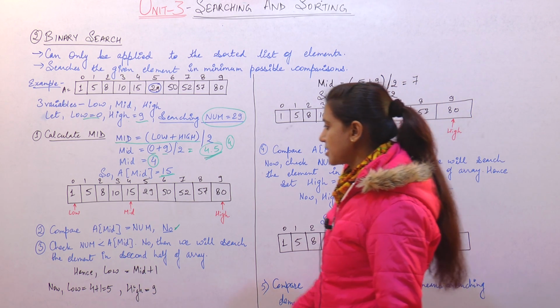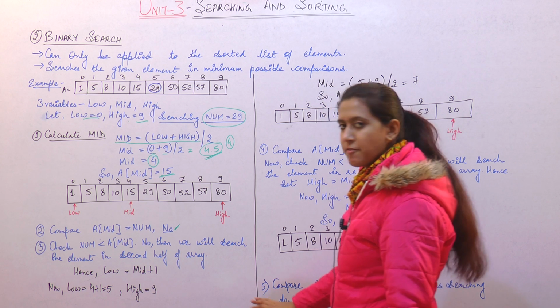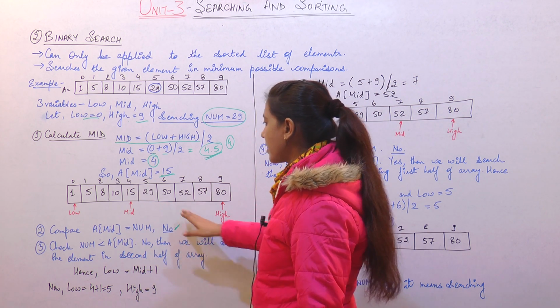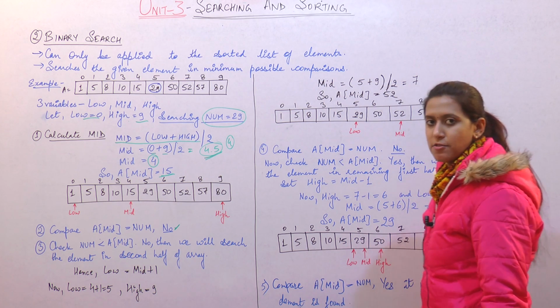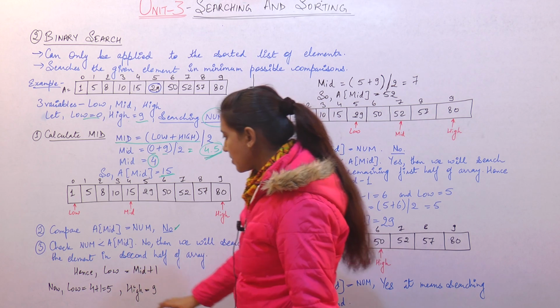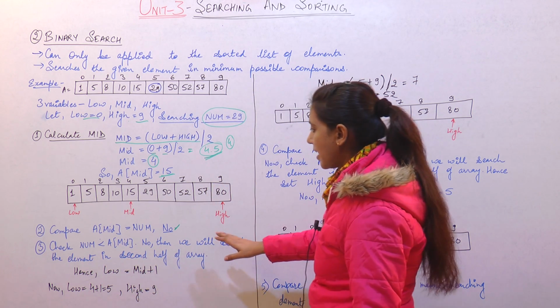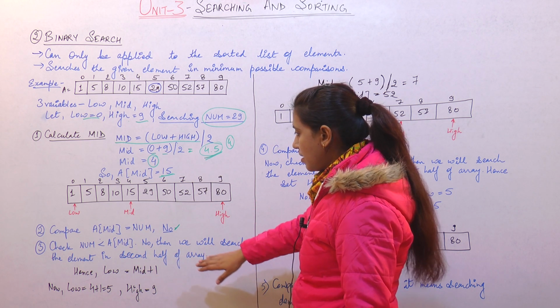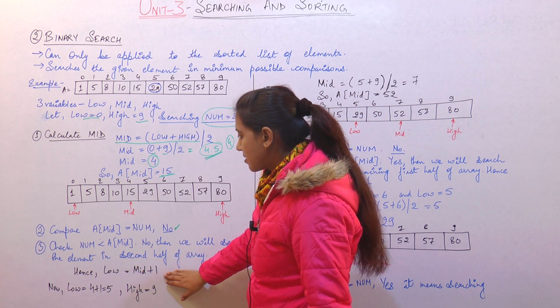That means we will search the element in the second half of the array, on the right side of the mid value.